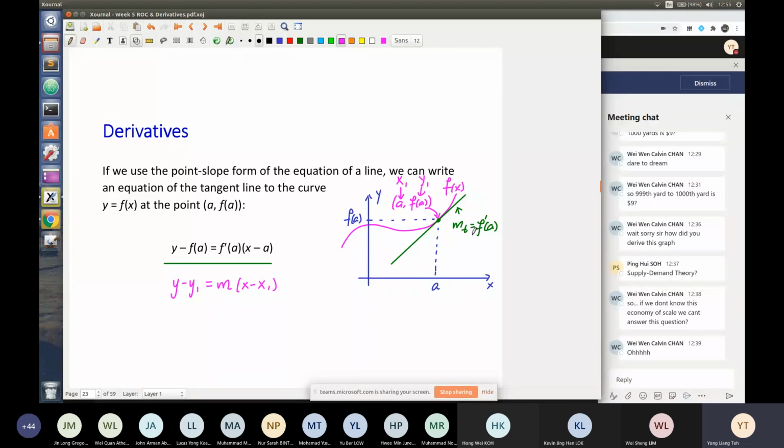Just now we applied this to the gradient of the normal, so we use m sub n there, which is the gradient of the normal. So you can easily find the equation of the tangent line or the normal line using this point slope form.